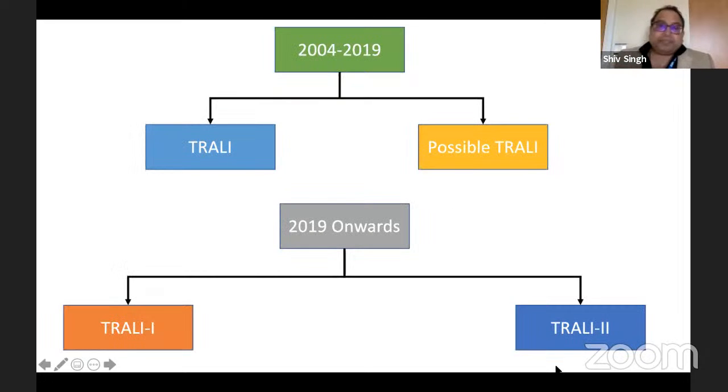Okay, so between 2004 and 2019, TRALI was classified into TRALI and possible TRALI. And from 2019 onwards, that is since last year, it's classified into type 1 and type 2.